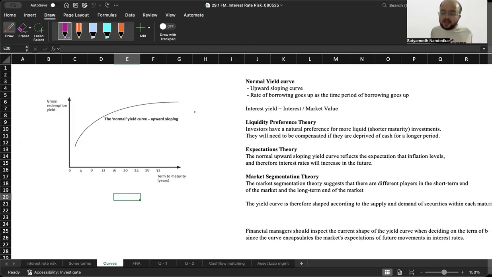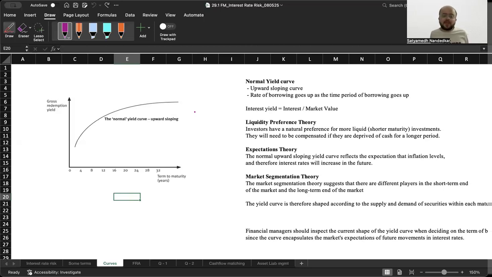The second part is the expectations theory. The normal upward sloping yield curve reflects the expectation that inflation levels, and therefore interest rates, will increase in the future. The law of rising prices, and you expect the interest rate to increase in line with the increase in the rate of inflation. Over a long term planning horizon, you only expect that the inflation rates will go up.